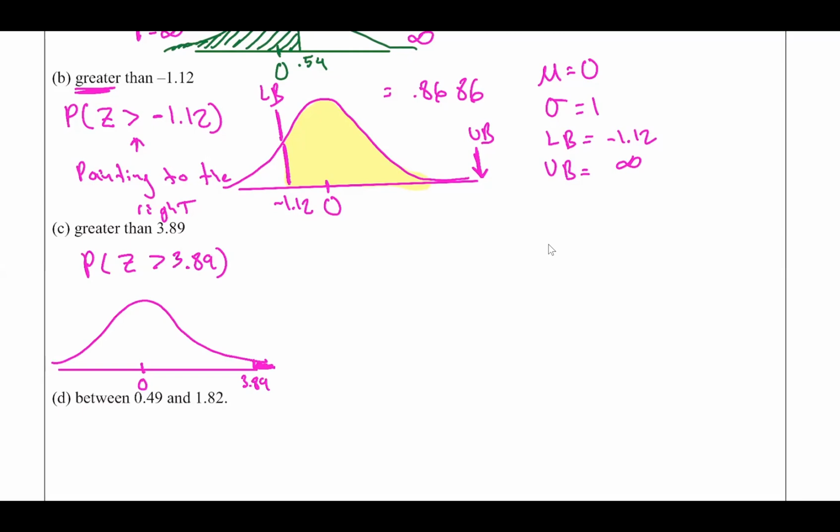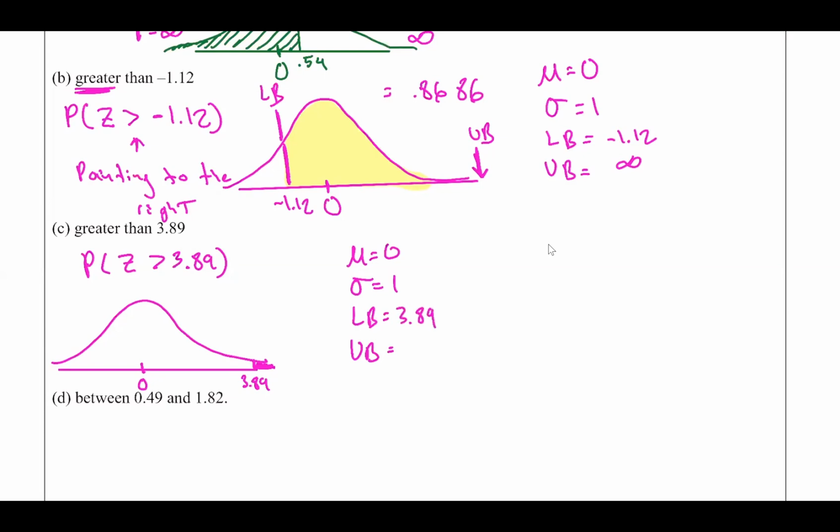All right, so what we're going to have to do is the mean, which is 0, and the standard deviation, which is 1. We're going to do the lower bound, and we're also going to do the upper bound. So for this one, what would be my lower bound? What's the lowest value that I shaded in pink? 3.89, yeah, there we go.